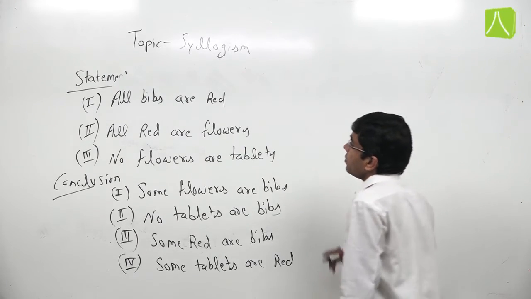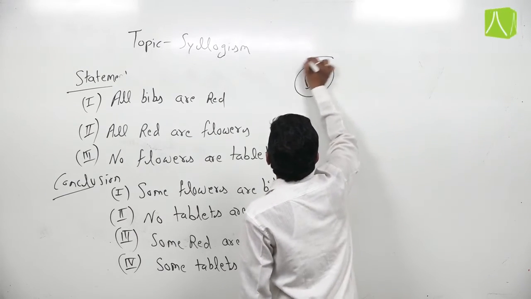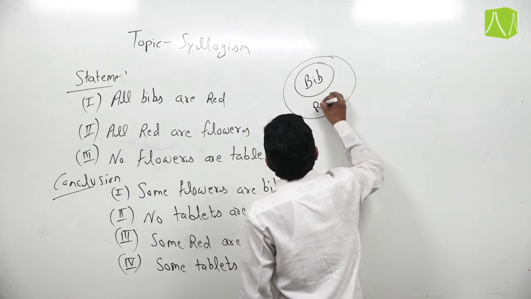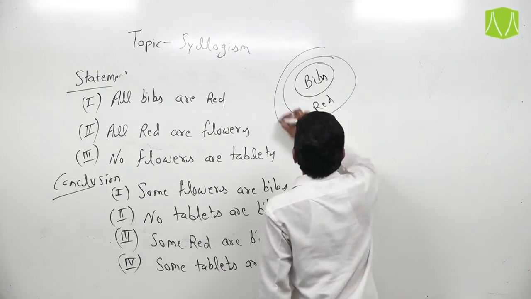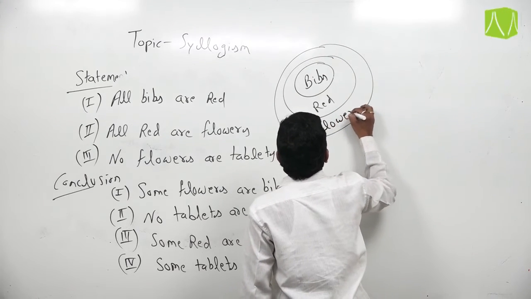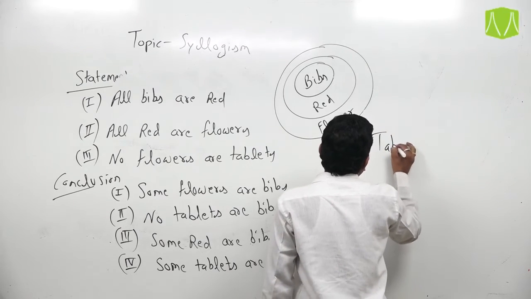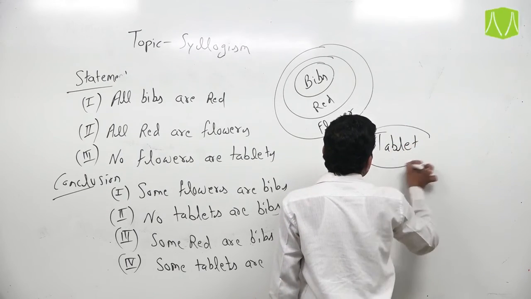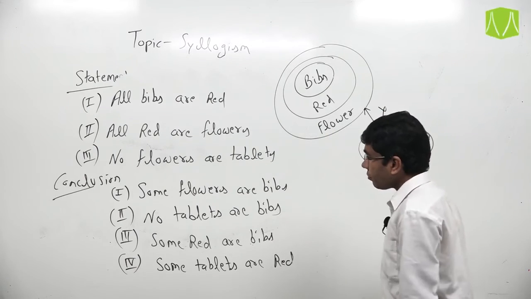First, all wives are red. First, we have to draw the diagram. All wives are red. All red are flowers. No flower is tablet, means there is no connection between flower and tablet.